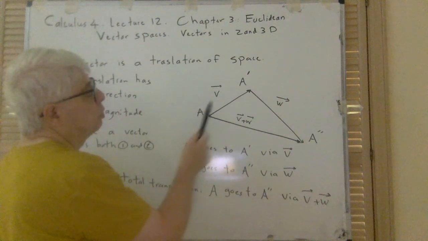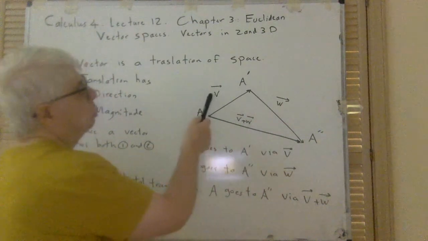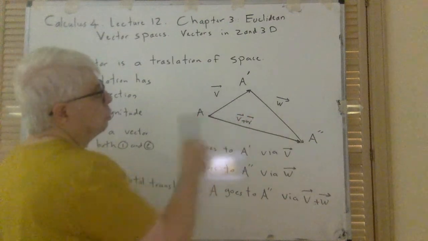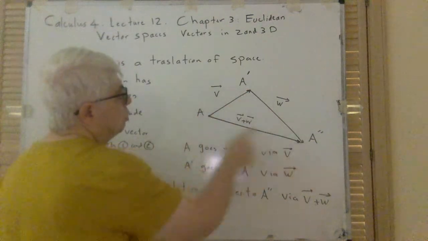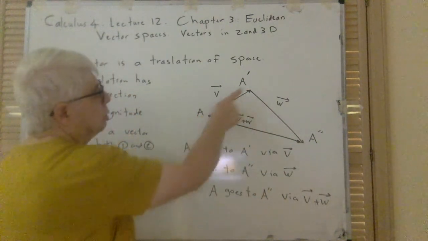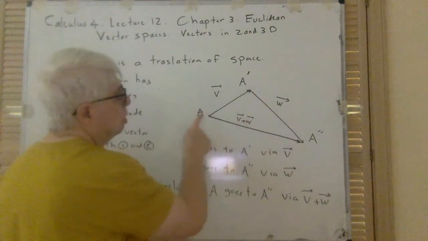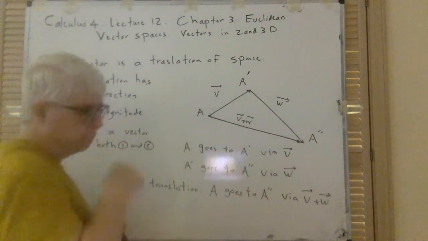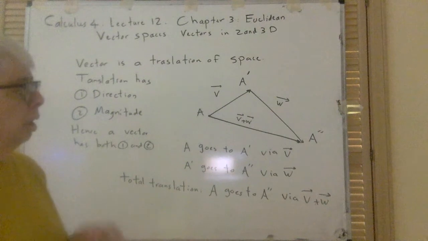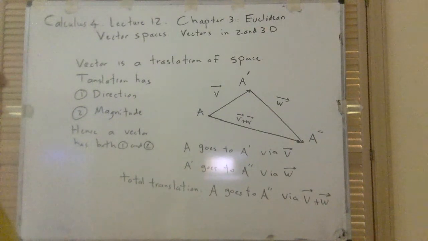Therefore, it goes from A to A double prime through this one plus this one. So this vector plus this vector is this vector. This translation plus this translation is this translation. And in fact, that is perhaps the most important thing about vectors, how you add vectors.